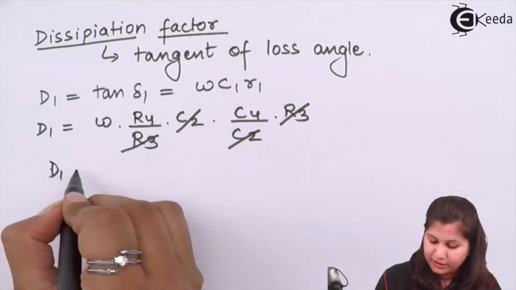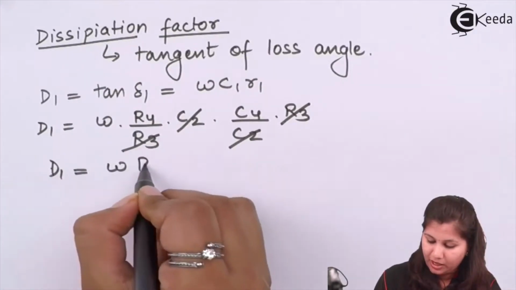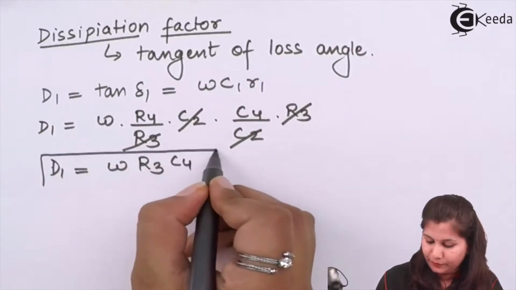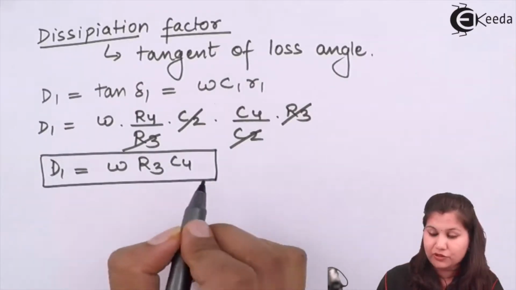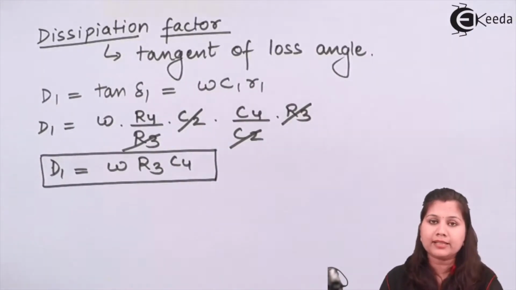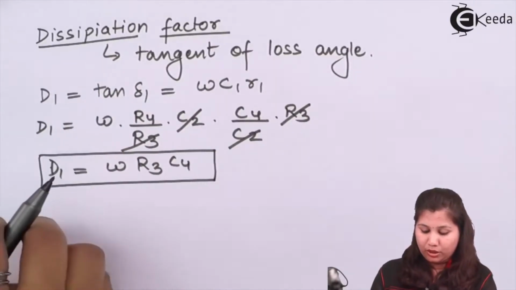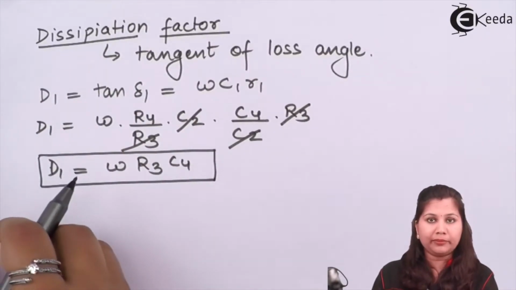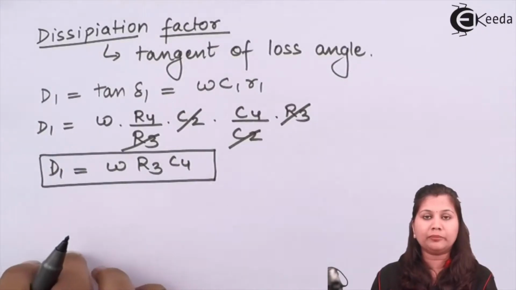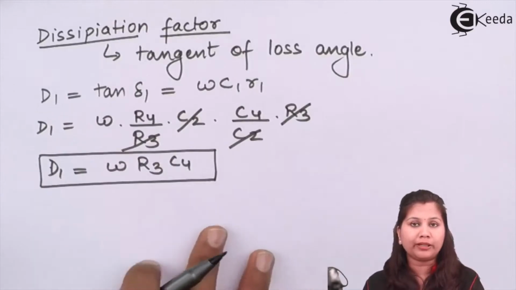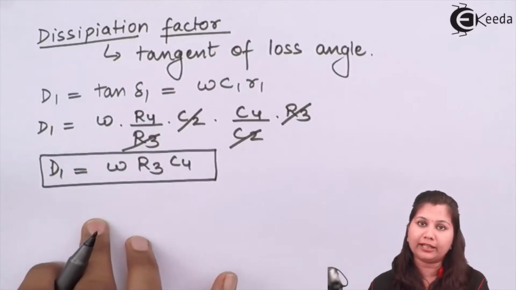So the value of the dissipation factor is omega R3 C4. So this is the dissipation factor in the capacitor C1. So using this Schering bridge, we can not only find out the unknown capacitance, we can also find out the dissipation factor for that capacitor.